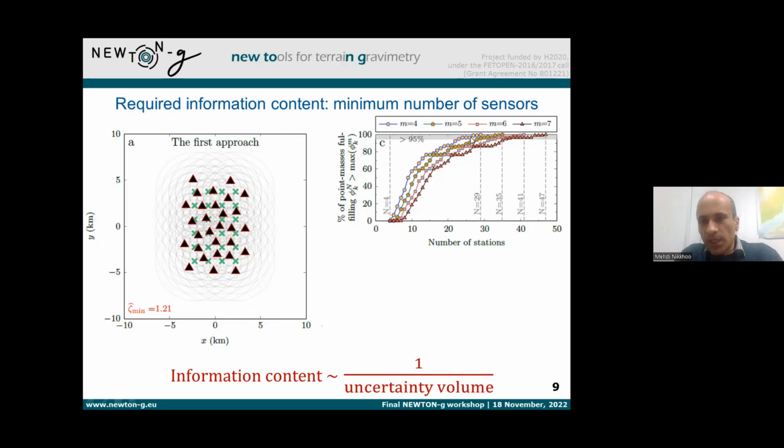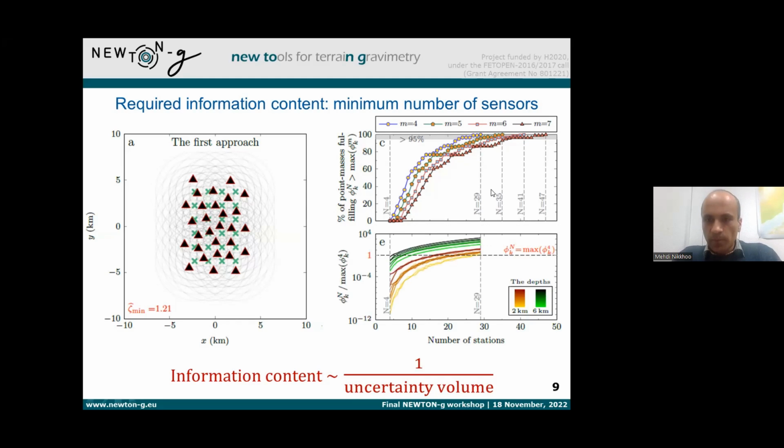So we continue this until all of the point masses in the target volume receive the minimum amount of information content, which for the blue curve is 4 stations. We can do the same thing considering a larger number of stations, and this way we can find the optimal number of gravimeters that we need in the network.